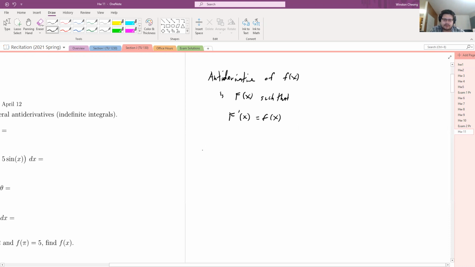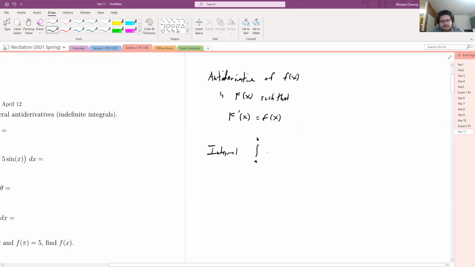On the other hand, the integral, which is usually denoted with this elongated S symbol, stands for integral.